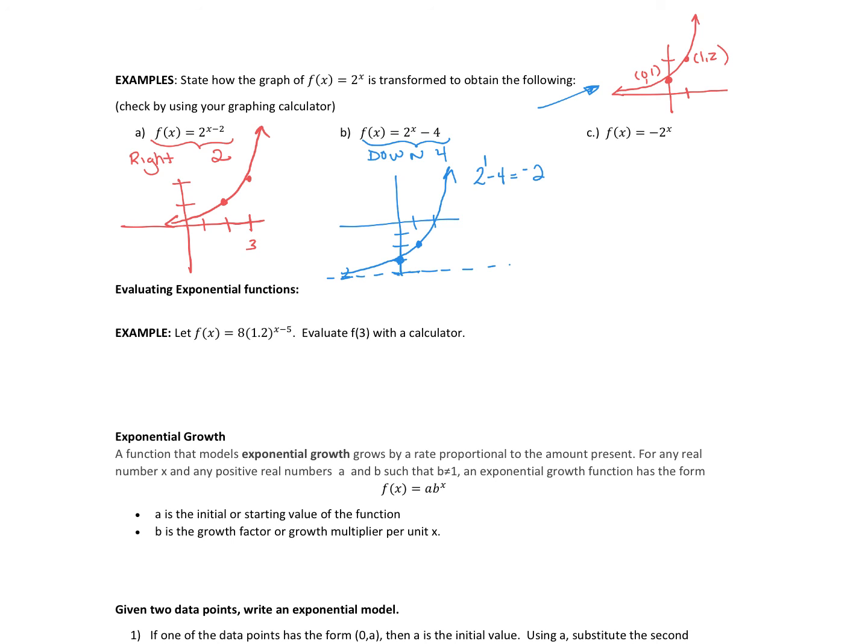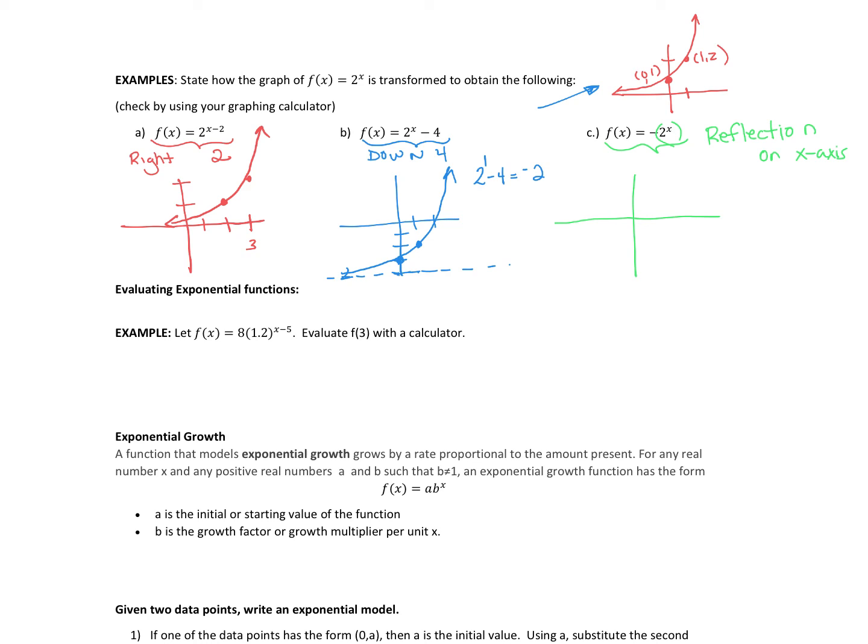For our last example, we have minus 2 to the x. Now notice we didn't put the negative in front of the x, we put it in front of the 2. So in this case, it's going to be a reflection on the x-axis.